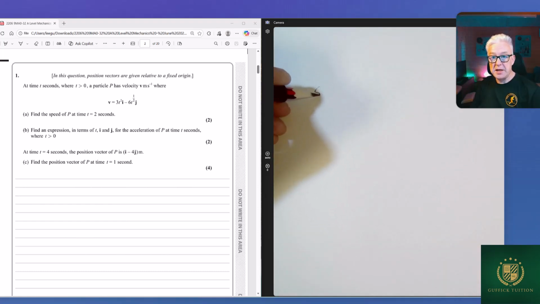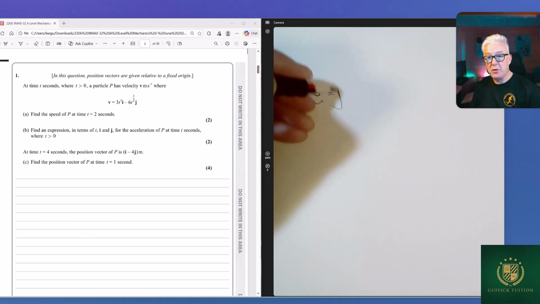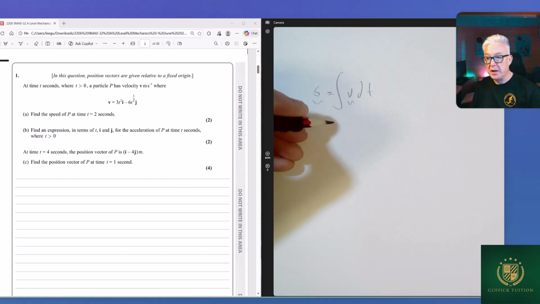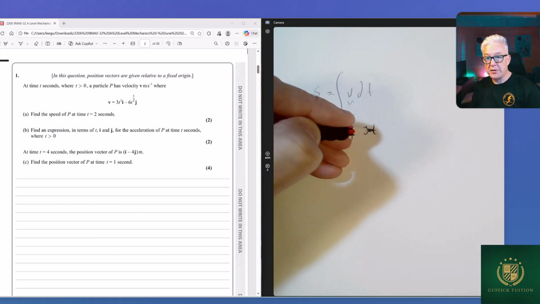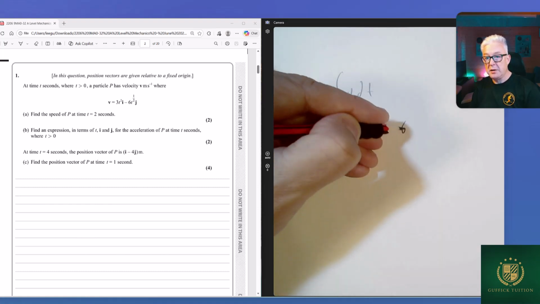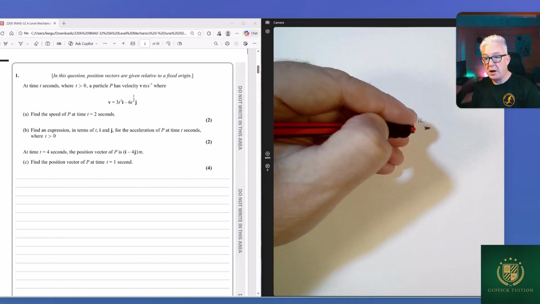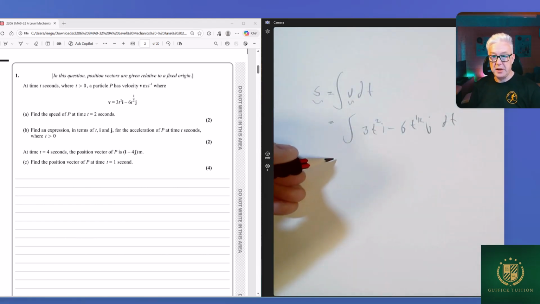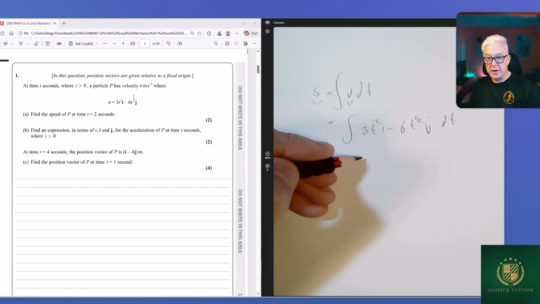So we're going to integrate our velocity. Our displacement s is going to equal the integral of the velocity with respect to time. So we're going to be integrating our 3t² i minus 6t⁴ j with respect to t. So we raise the power by 1, divide by the new power.